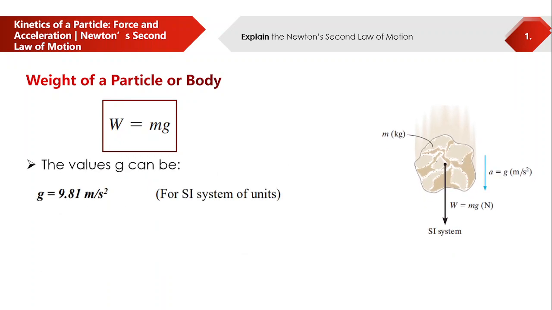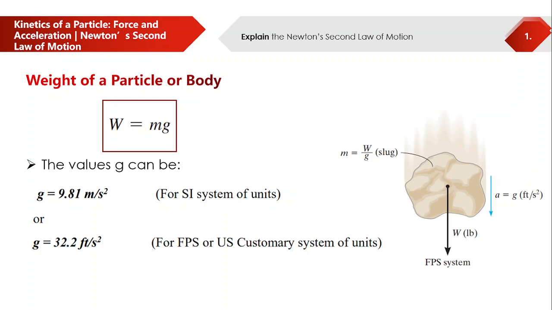And the value of g for the SI system of units is 9.81 meters per second squared. For the FPS or US customary system of units, g is equal to 32.2 feet per second squared.